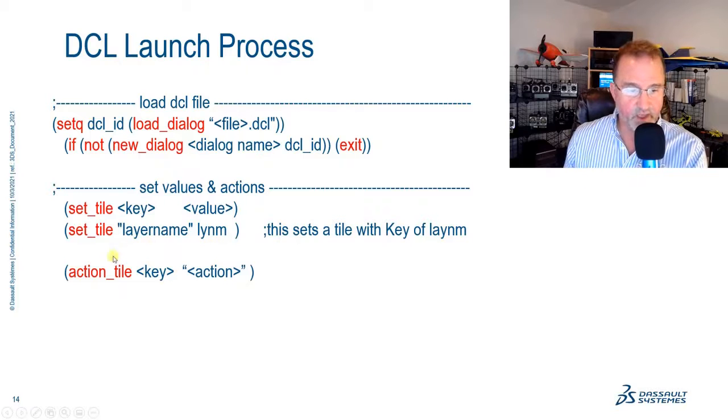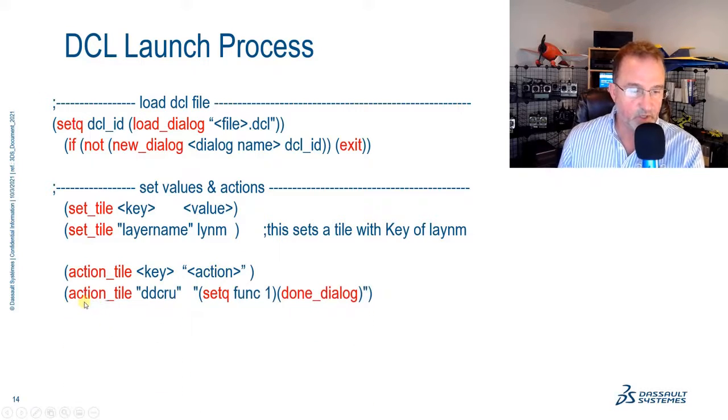Once we've done that, we then do something called action tile, which is if someone pushes the button or types into that edit box, what is the action that's going to happen after that activity. So an example would be we do an action tile for maybe our key is DDCRU, we push this button, and within quotes here, you'll notice I can put what I'm going to do.